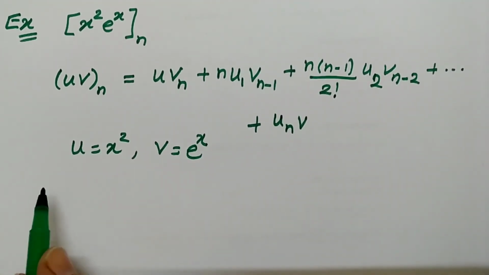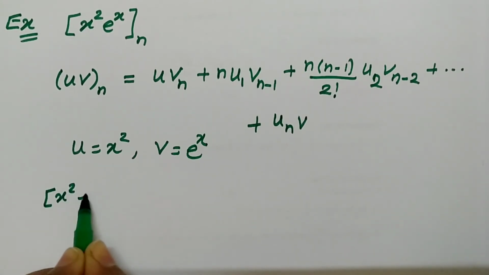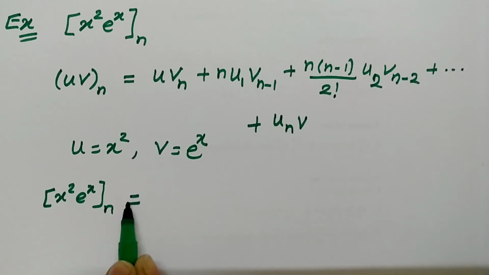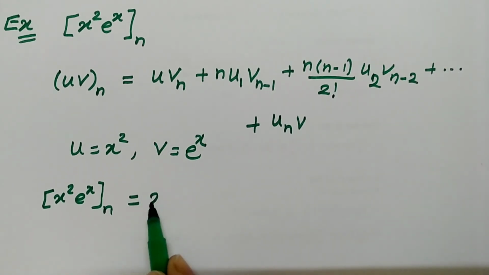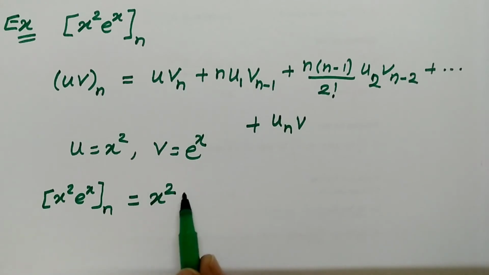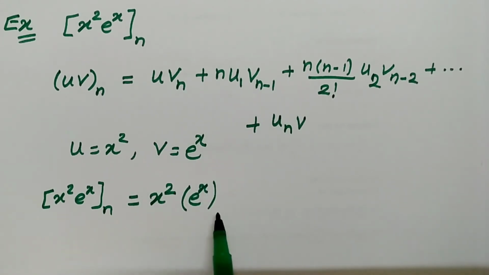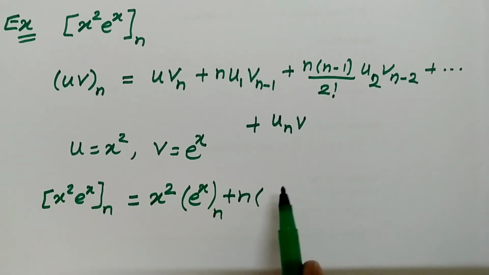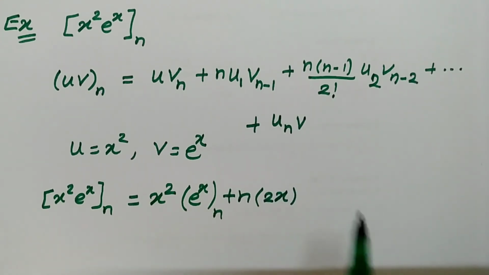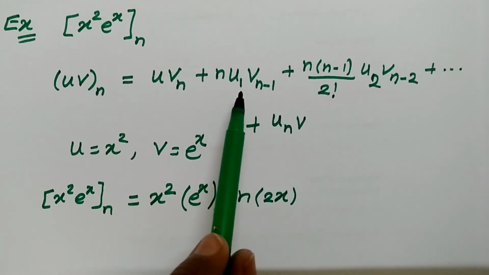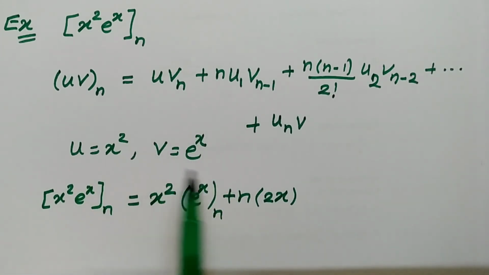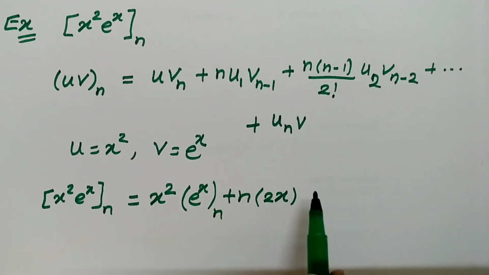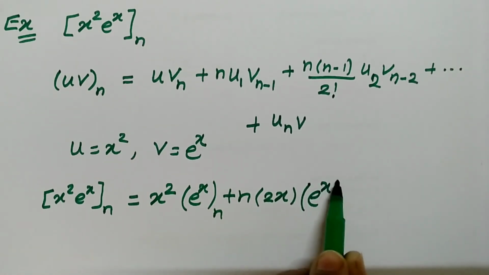So by Leibniz theorem, (x square e raised to the power x) suffix n is equal to u as it is, that is x square, times v suffix n, that means the nth derivative of e raised to the power x, plus the next term, n u suffix 1, that is the derivative of u the first time. U suffix 1 denotes the first derivative of u. Here our u is x square, so the derivative is twice x. Times v suffix n minus 1, so here e raised to the power x suffix n minus 1.